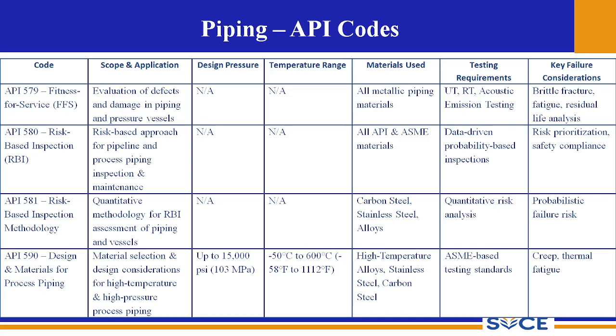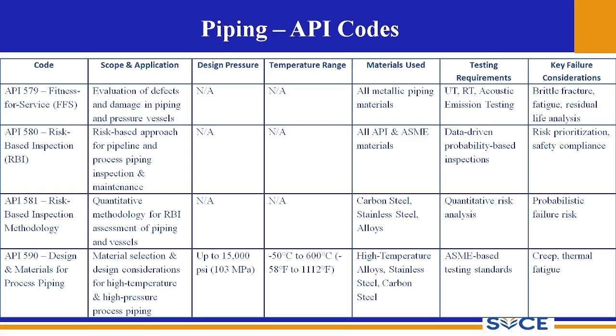The scope and application of the API 580 code is for the maintenance of process piping and the inspection based on the various risk factors. Here the materials used are covered under all API and ASME materials. Here the testing requirements are data-driven probability-based inspections.